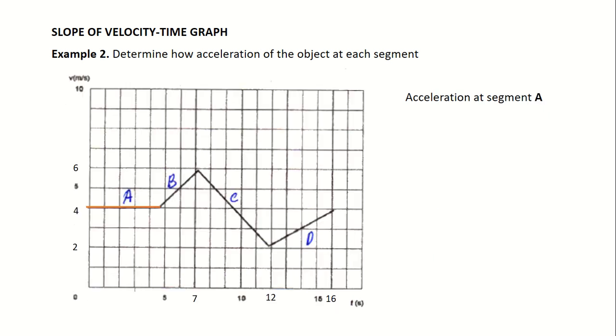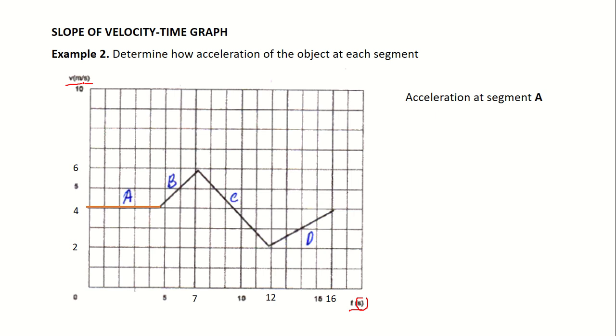Okay, so that's the first example. Second example, we have a graph that looks like this. Again, let's interpret the graph first. We have 4 segments here, A, B, C, and D. And our time is in terms of seconds. Now my velocity here is different.